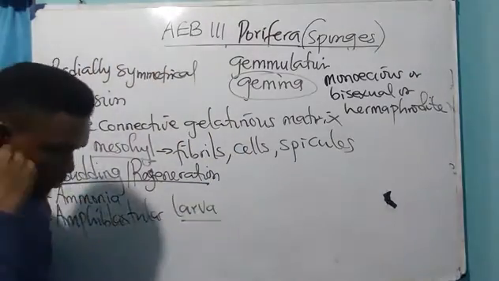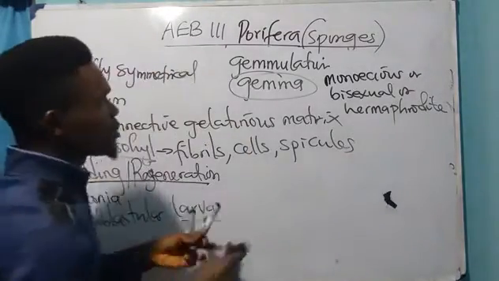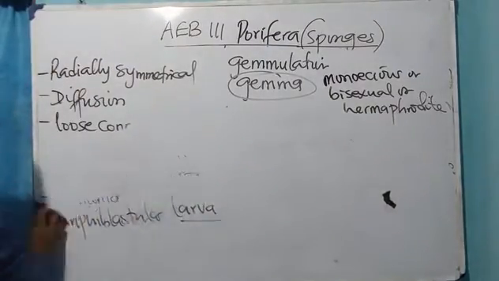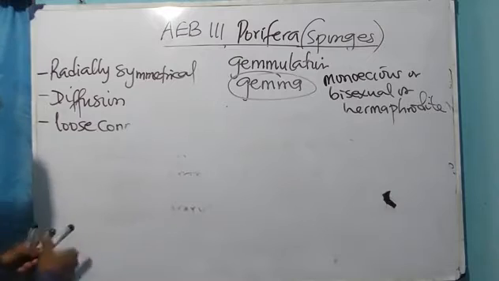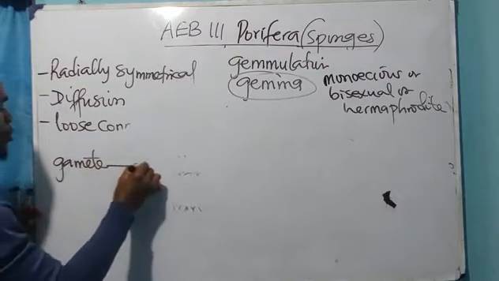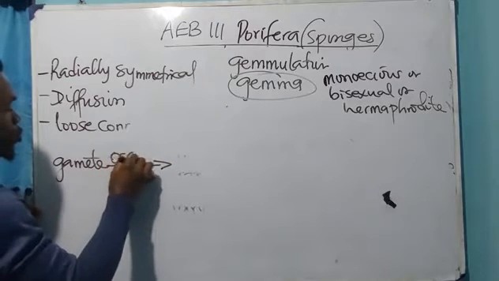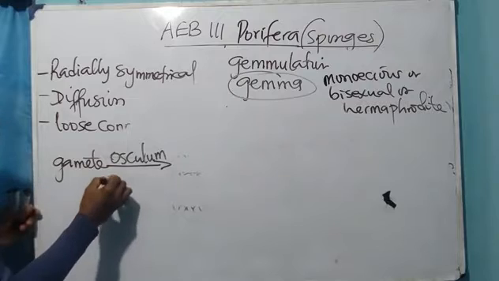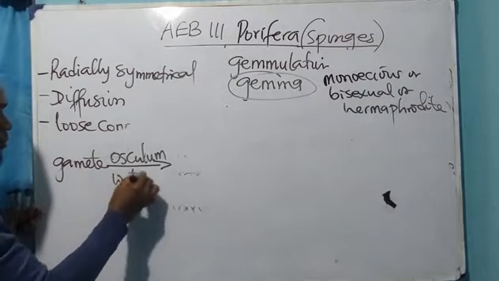Take note of that. Now, during sexual reproduction, the gametes from one sponge are passed out through the osculum with the help of water currents.